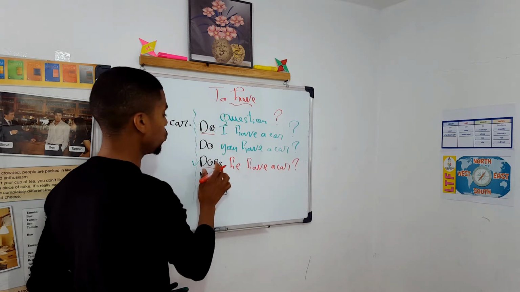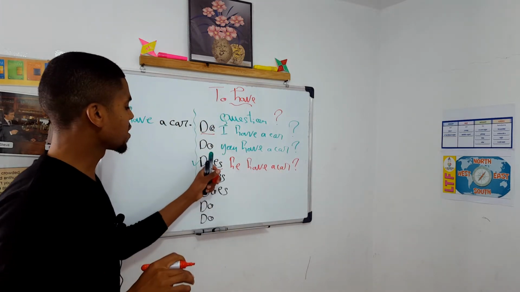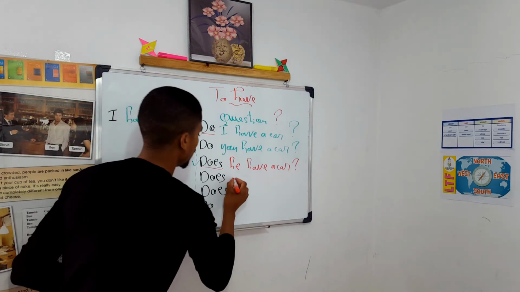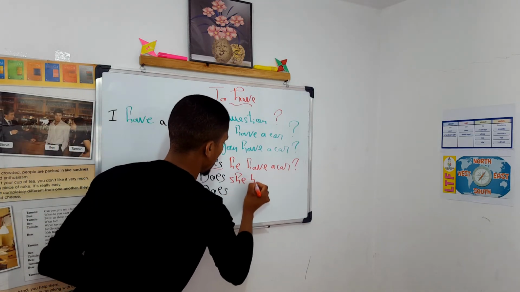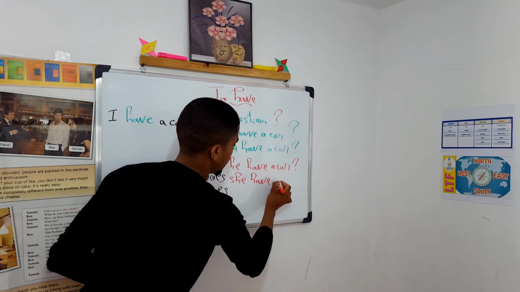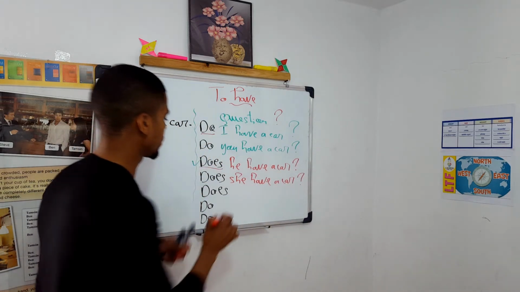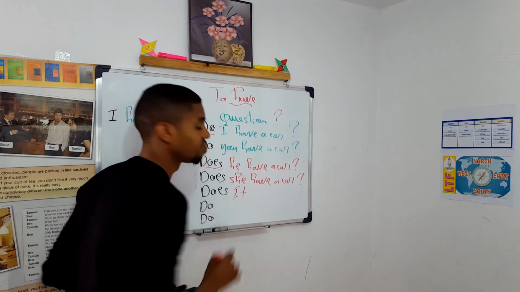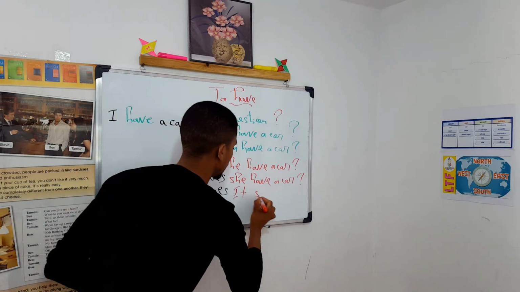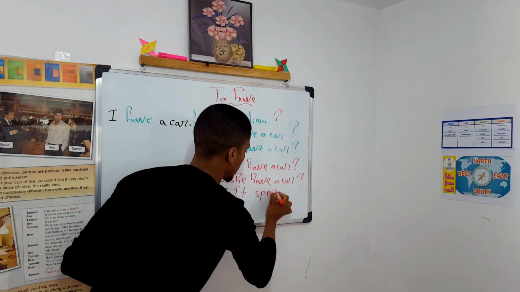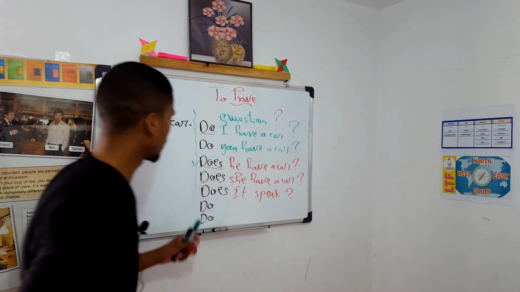With he, she and it we use does. Does she have a car? Does it speak, for example, if we are talking about an animal or an object?